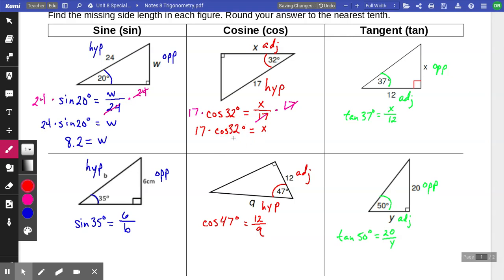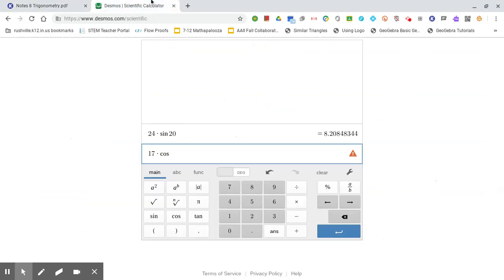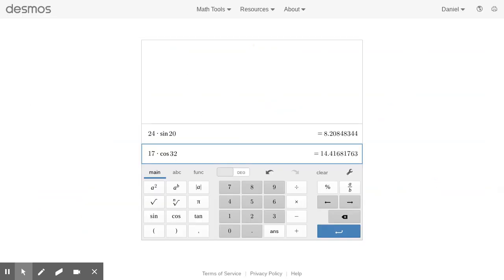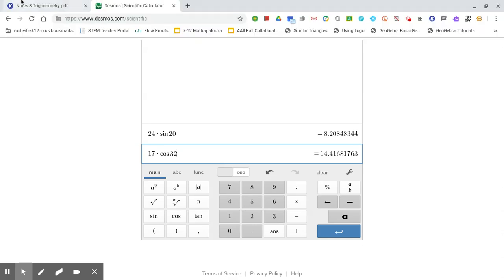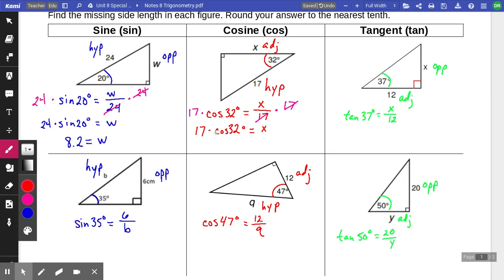So 17 times cosine of 32 degrees. Type that in, and there's our decimal approximation. We get 14.41, which rounds to 14.4. Okay, so let's put that down, and now we have an approximate value. That missing side of x is roughly 14.4 units long.